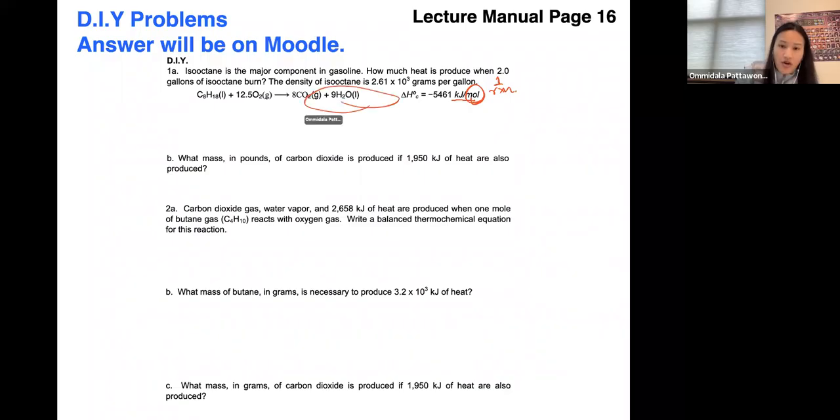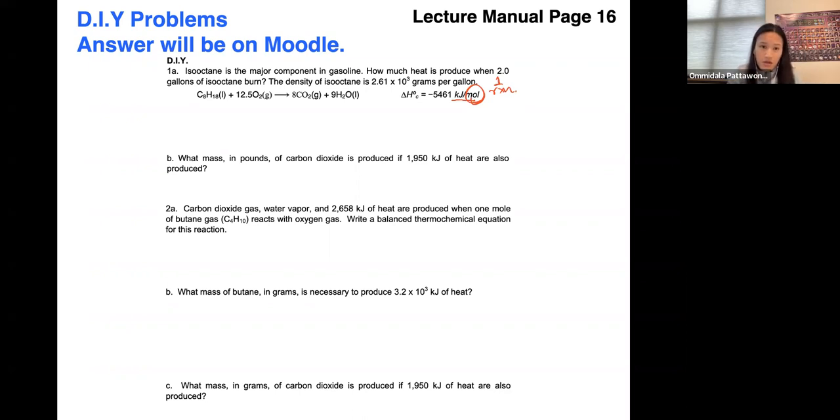This whole thing right here is already per one reaction, so you don't need to multiply anything else. Leave this as it is, because remember the delta H C is per 1 mole of the fuel. In this case it's already 1 mole of the fuel, so that's why I'm not multiplying everything by 2. In this case it's okay to leave this in decimal form.